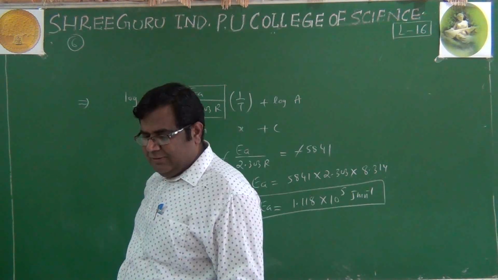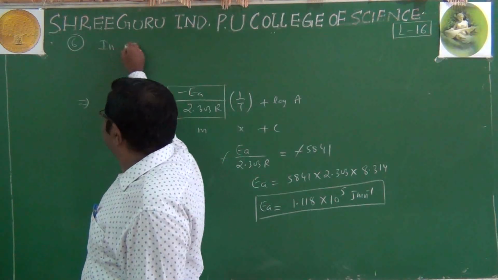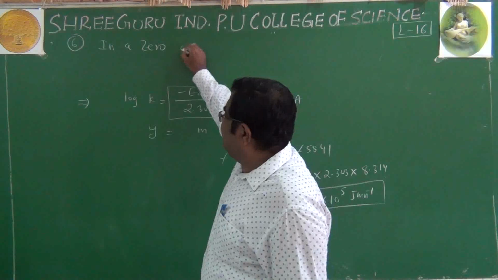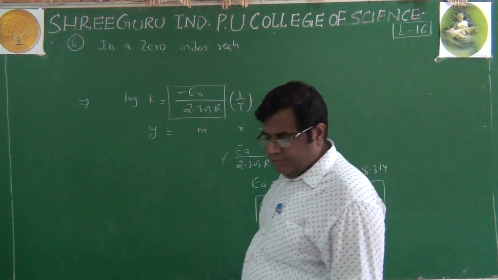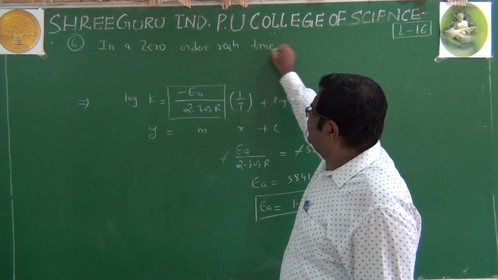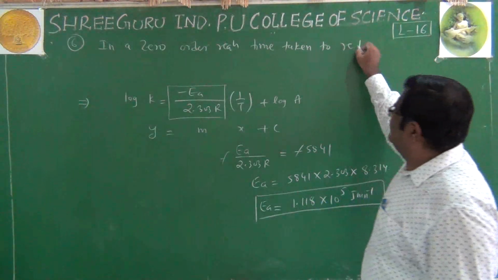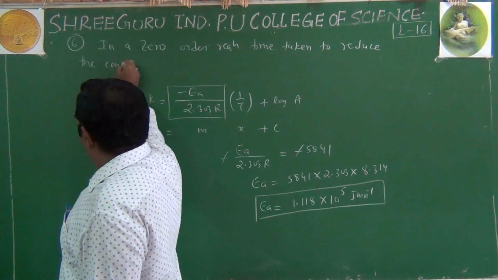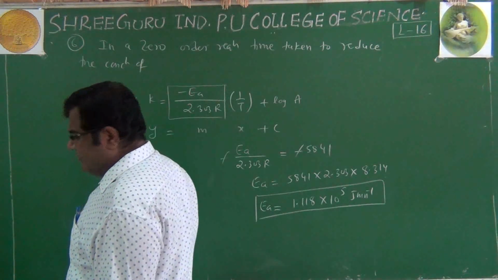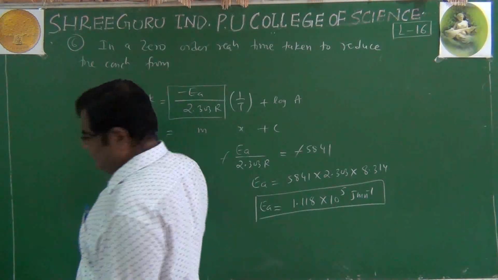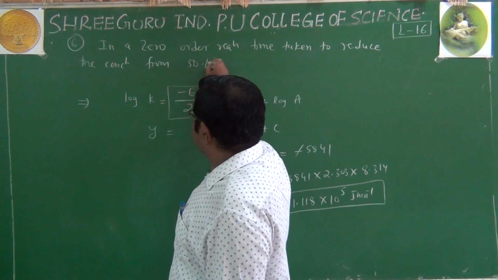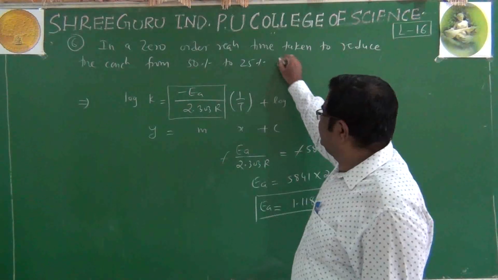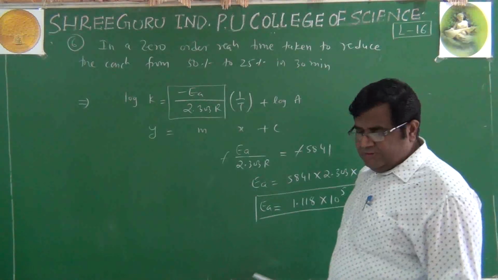In a zero order reaction, the time taken to reduce the concentration from 50% to 25% is 3 minutes.